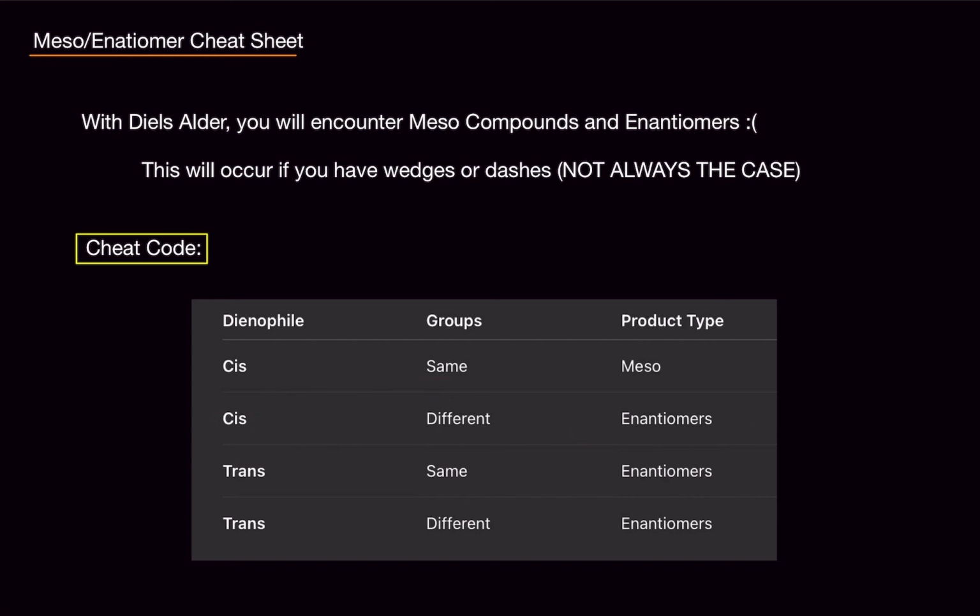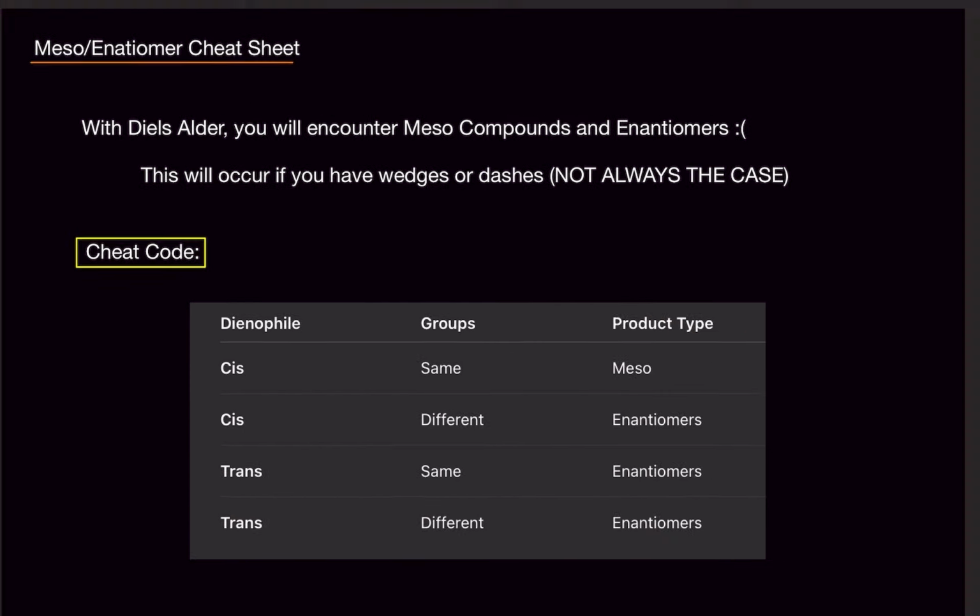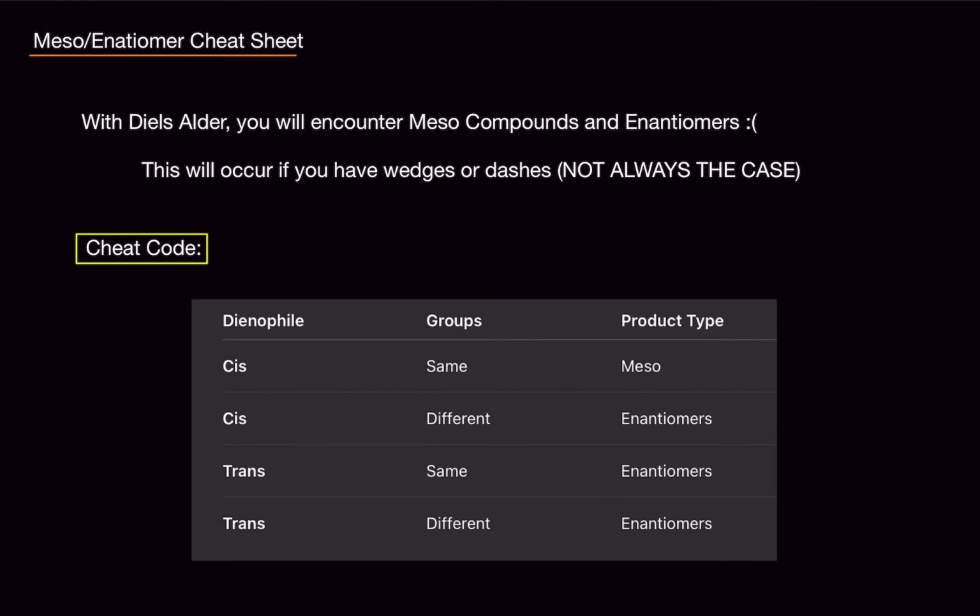And everything else: if your dienophile is trans and the groups are the same, you will have enantiomers, and you must draw them in your answer. If your dienophile is trans and the groups are different, it will be enantiomers. So the only one where it's meso is if your dienophile is cis and the groups are the same. This is something I really want you to remember, especially for an exam. It will really help. And I'm pretty sure this works 99% of the time.